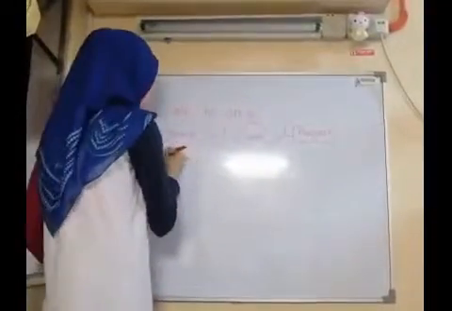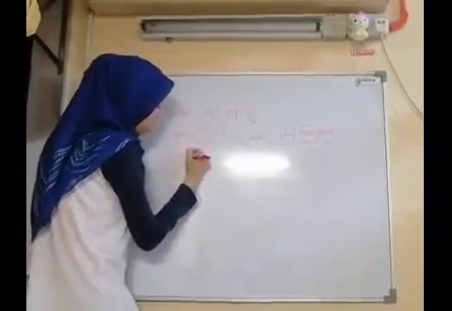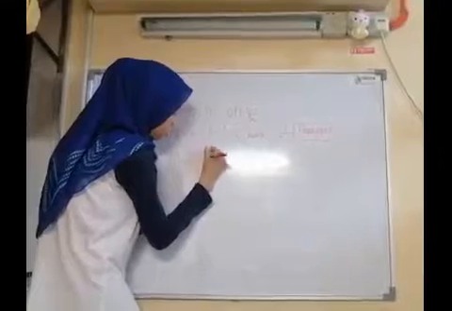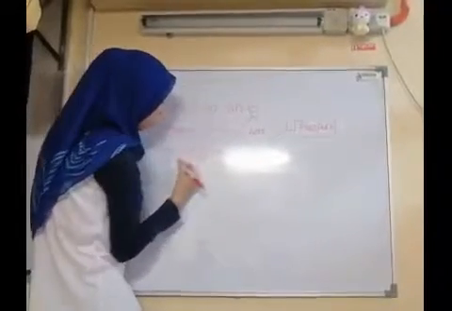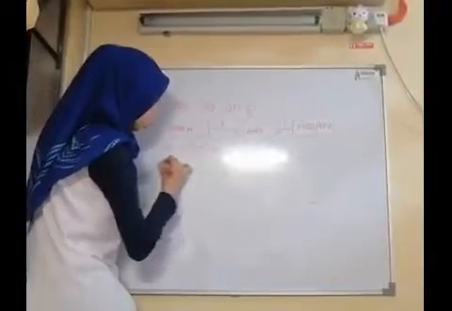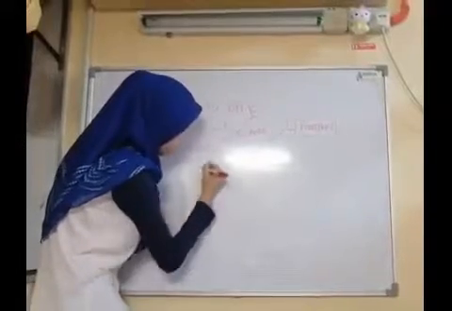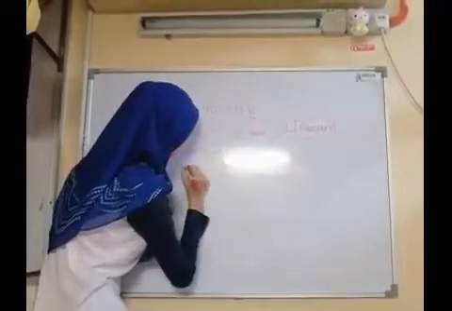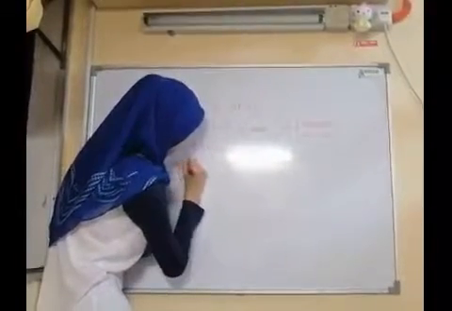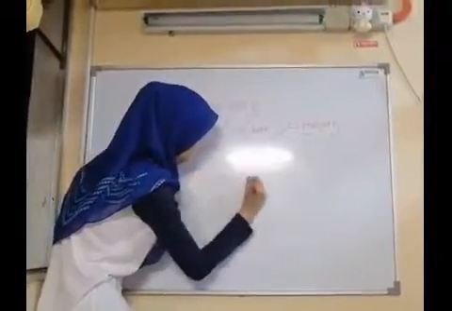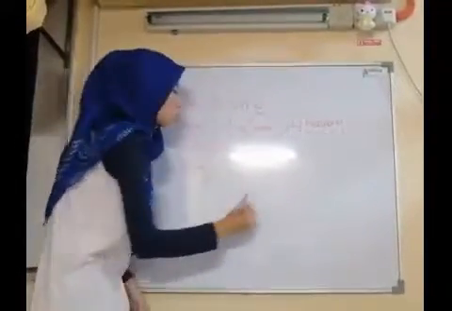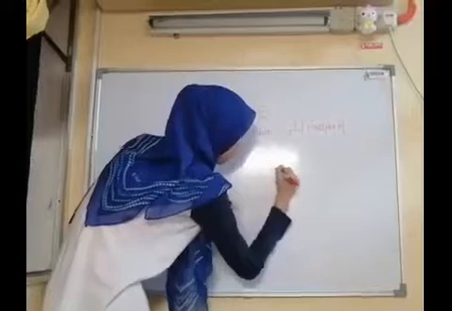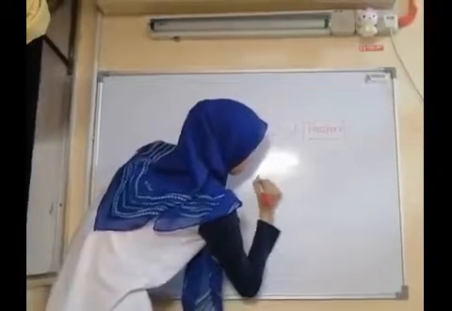This is for Chen notation. For Crow's Foot notation, we use this symbol to connect with another table, which is the passport table.